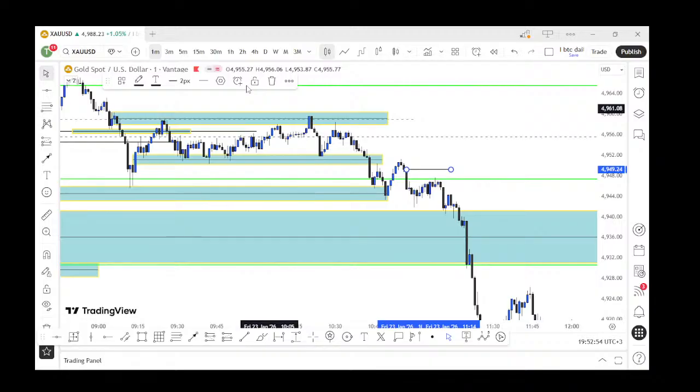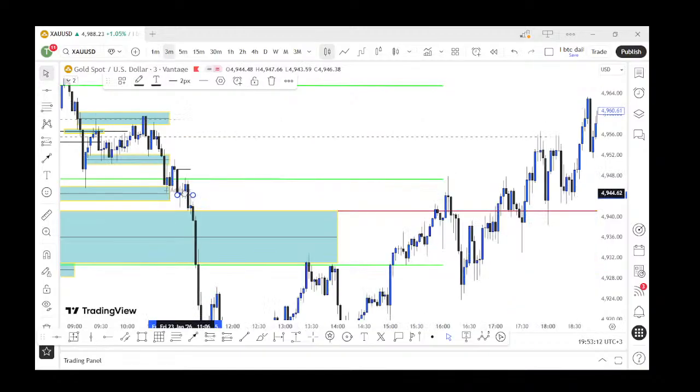I think I have to go to the 3 minutes. So this was giving me a high and the low. And when we saw this, then the price came inside, and then after this candle, that's when we saw a breakout.